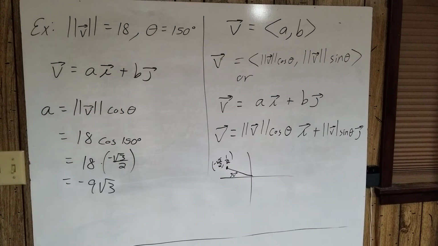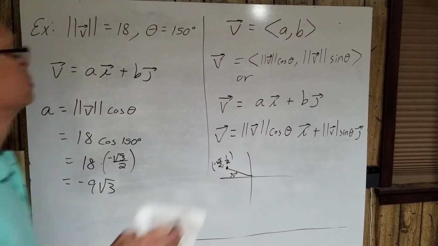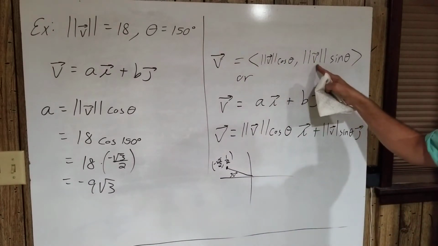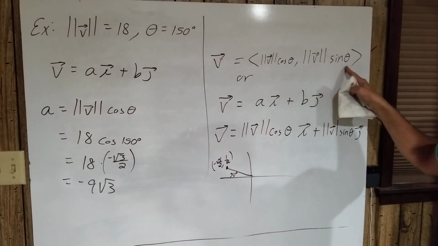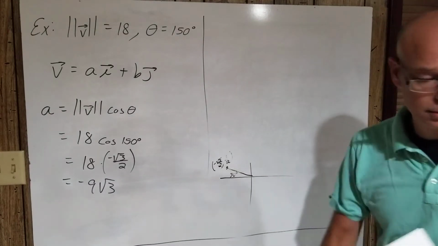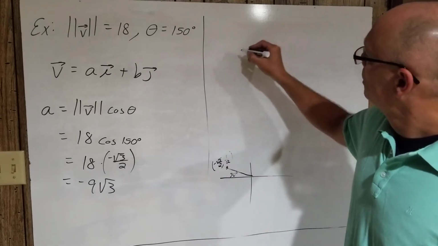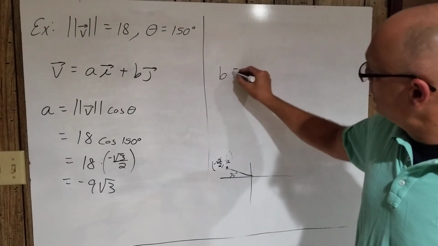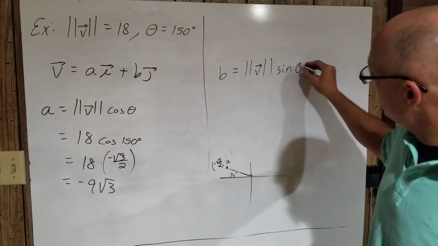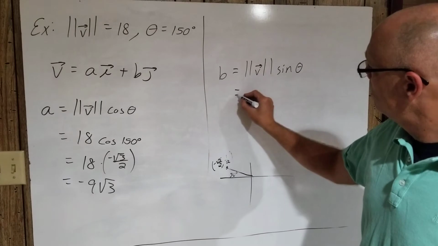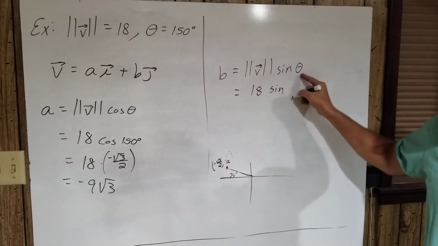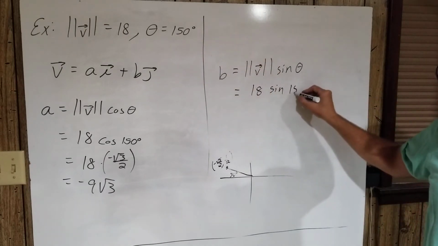Let's find b. The way we find b is, b is the magnitude times the sine of theta. The magnitude they told me was 18, so 18 times the sine of 150 degrees.